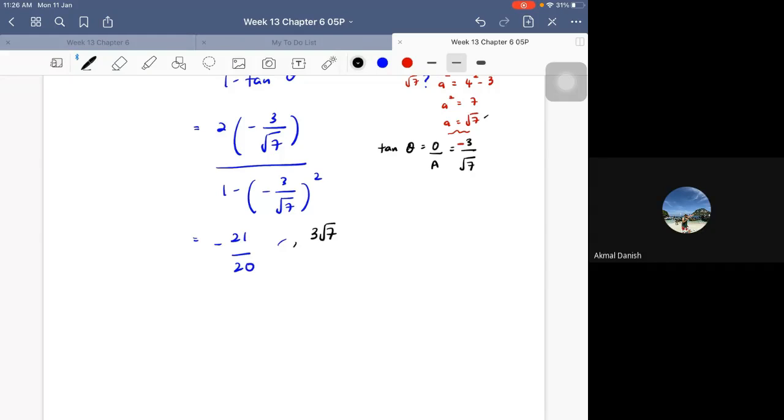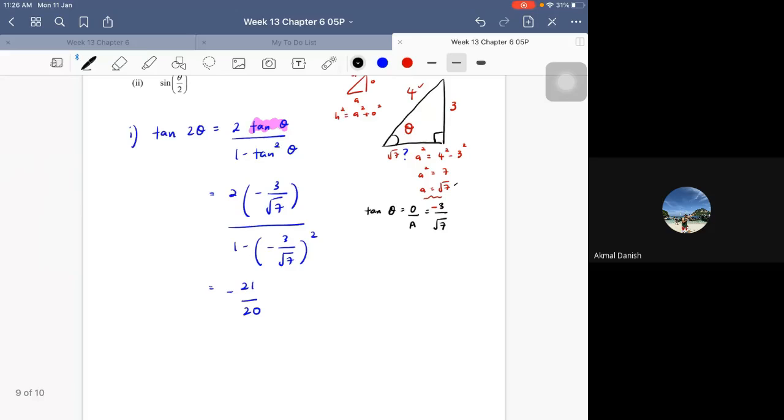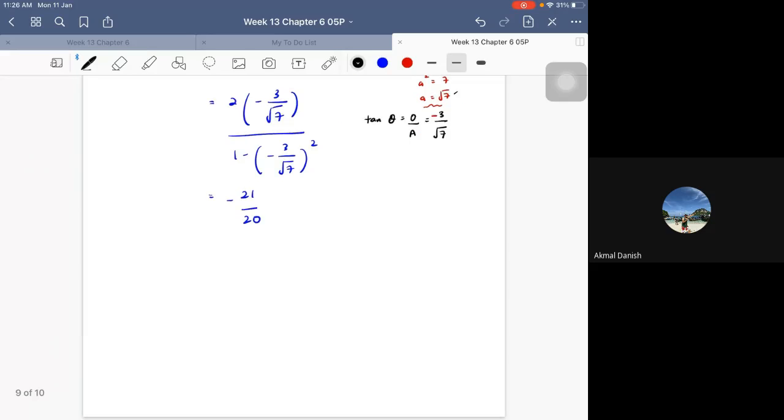It's not the same. Which one is correct, madam? 3 square root 7 or negative 21 over 20? He got negative 21 over 20. Okay, so the value is negative 21 over 20, because calculating 3 square root 7 gives a different value. So it's not the same value. So for this case, it's going to be negative 21 over 20.